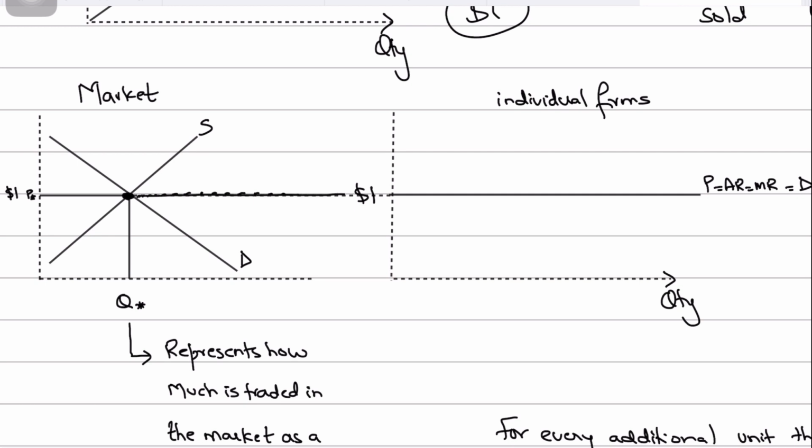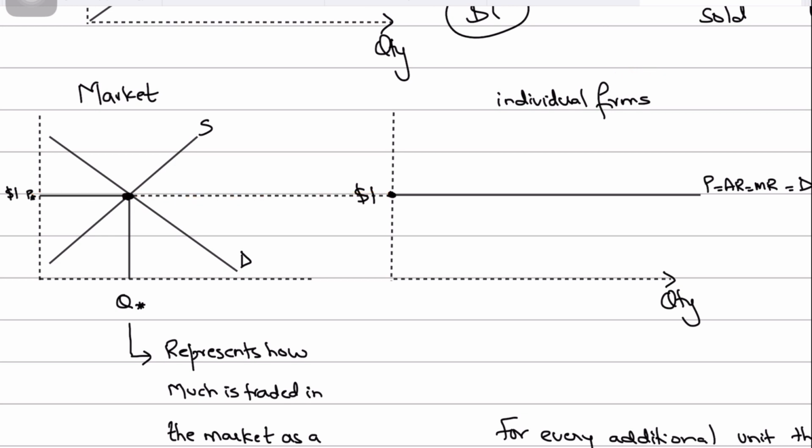Extending this line horizontally is indicating the behavior of how the firms will take that price. So the firms take that price and they sell at that price. And that is how you get $1. This $1 is the same price that the market has set for this individual firm. Let's say this is firm A. So firm A will sell at $1 basically.